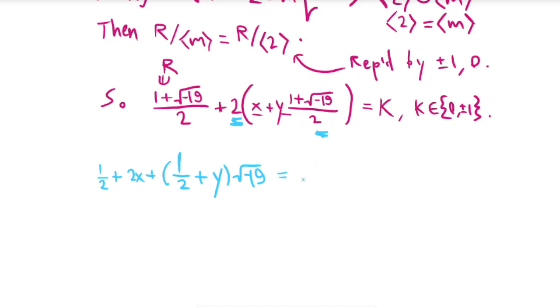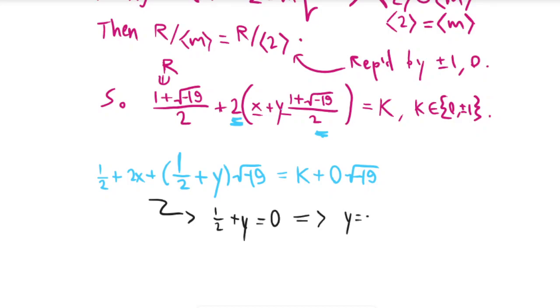And then over here, I have that this is equal to k, and then basically plus 0 times root negative 19, because k is an integer. Right, and so what this tells me, comparing coefficients again, is that 1/2 plus y is 0. And then this tells me that y is negative 1/2, which again is a contradiction because y was assumed to be an integer.